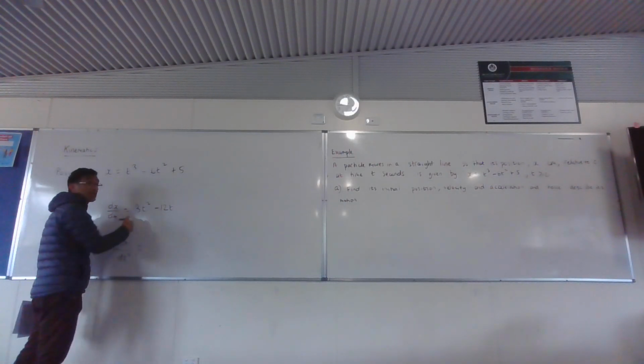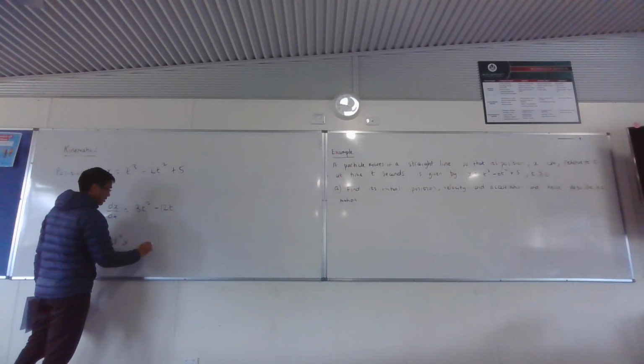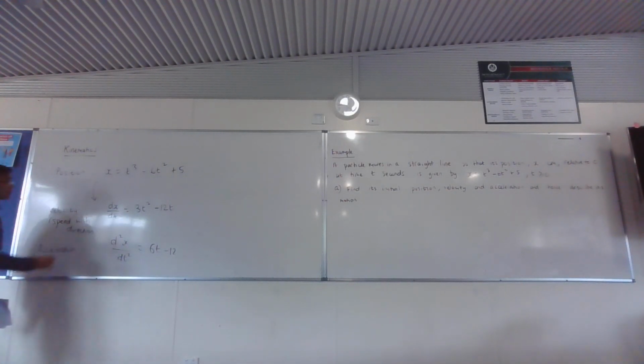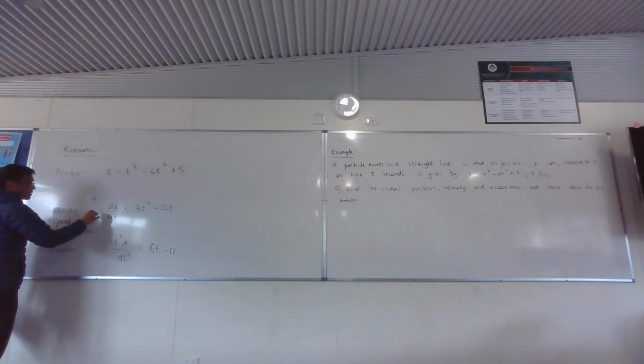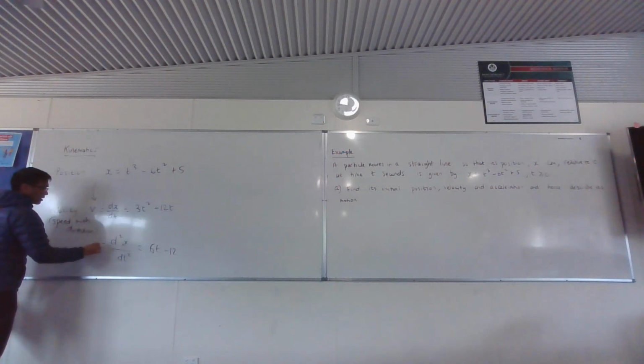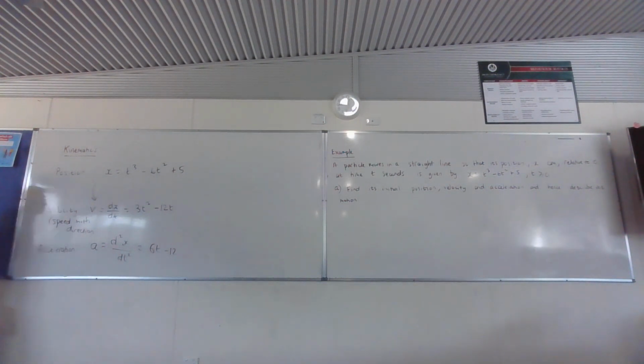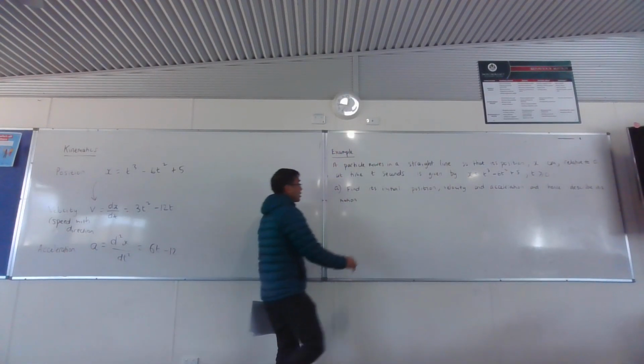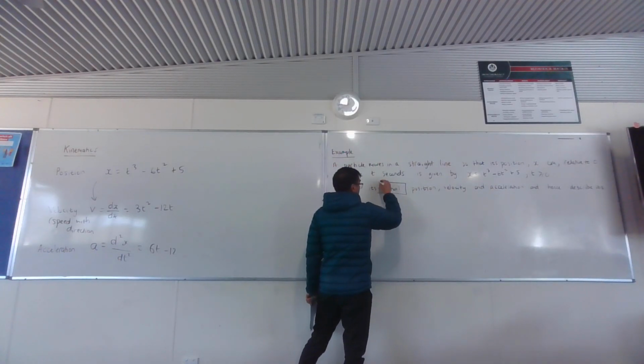Once again, 3t squared becomes 6t and minus 12. Okay, so we derive x, v, a. Just derive.